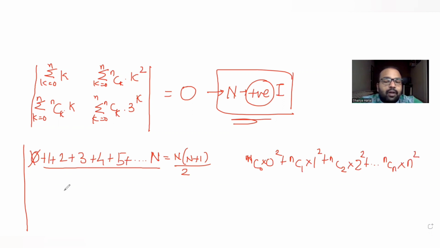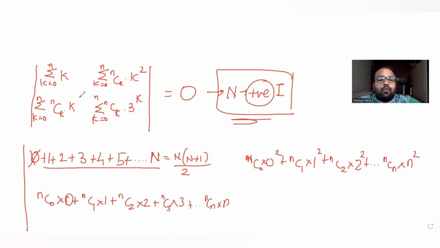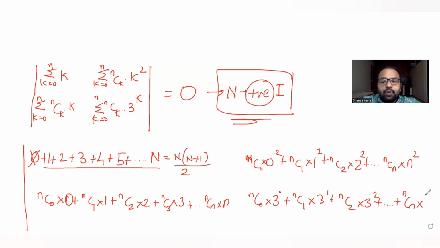The third element becomes nC0 into 0, nC1 into 1, nC2 into 2, nC3 into 3, likewise till nCn into n. And the fourth term is nC0 into 3 raised to 0 plus nC1 into 3 raised to 1, nC2 into 3 raised to 2, likewise till nCn into 3 raised to n.